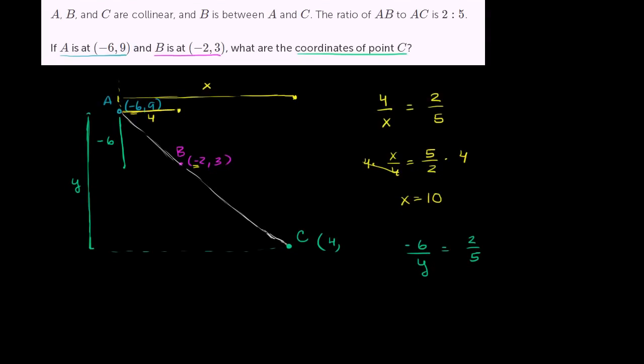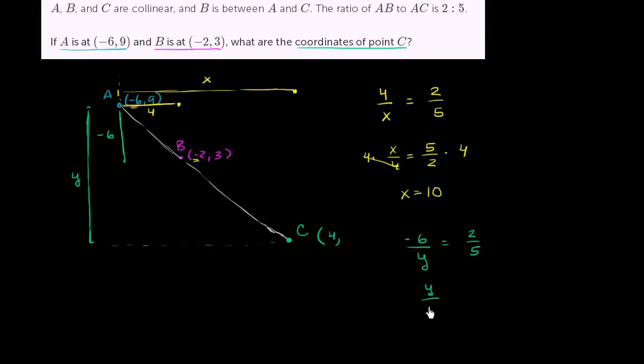Once again, we can take the reciprocal of both sides. y over negative 6 is equal to 5 over 2. Multiply both sides times negative 6, and we are left with y is equal to 5 times negative 6, which is negative 30, divided by 2, which is negative 15. So our change in the vertical axis is negative 15.